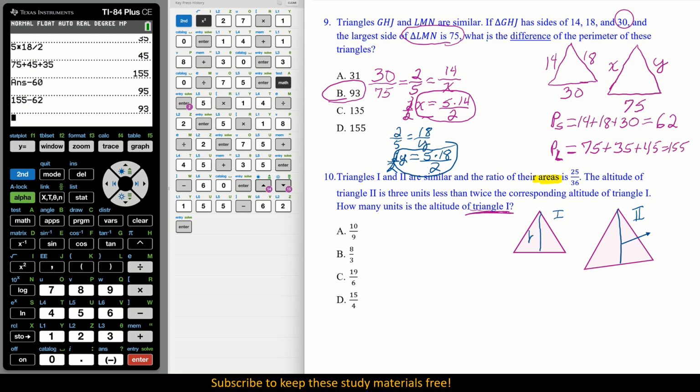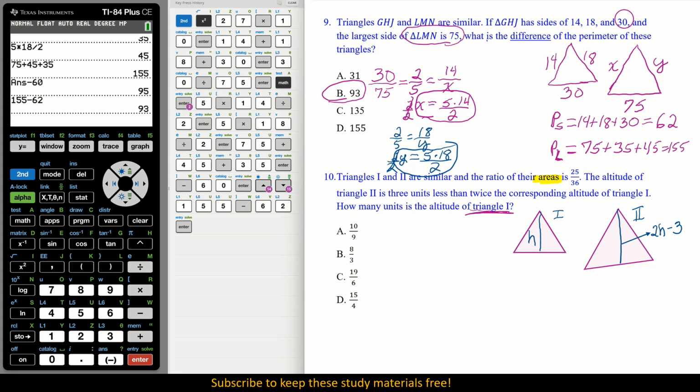Oh, this was supposed to be an H. So what do we need? We need 2H minus 3, and there we go. And let's turn off that shape thing. It was nice while it lasted, right?